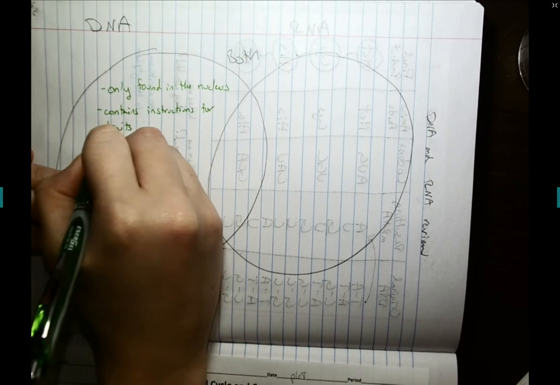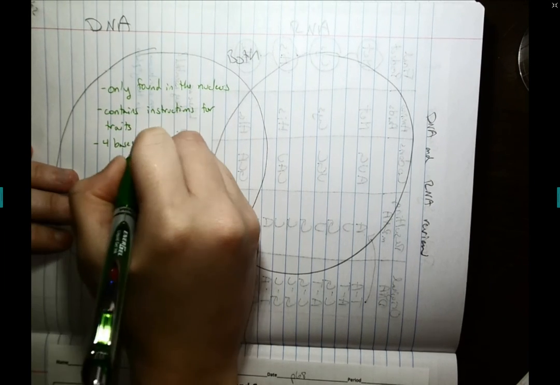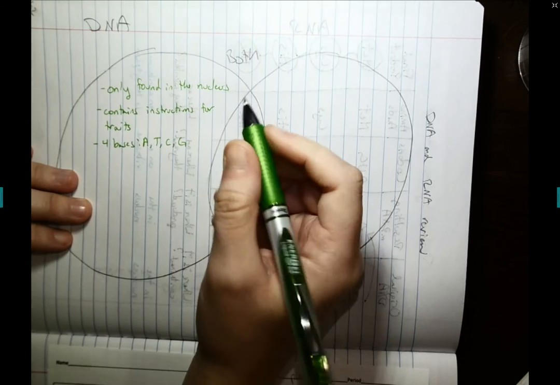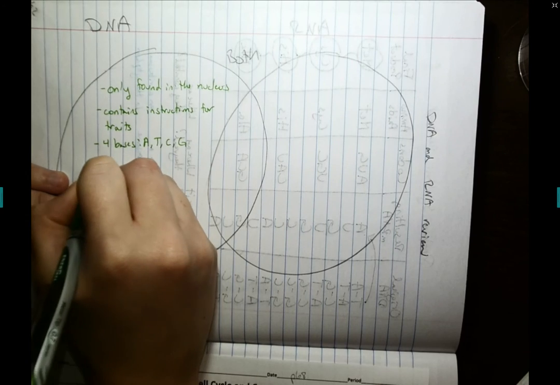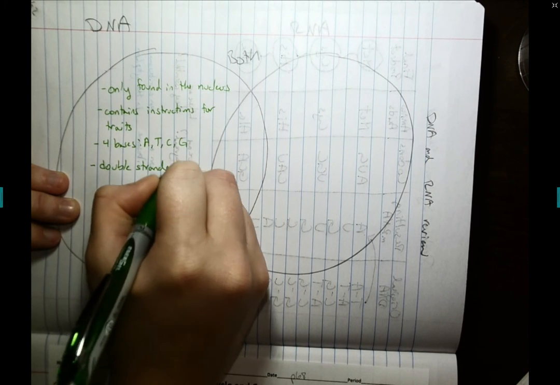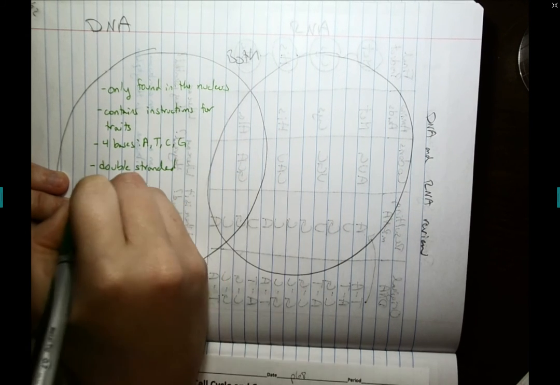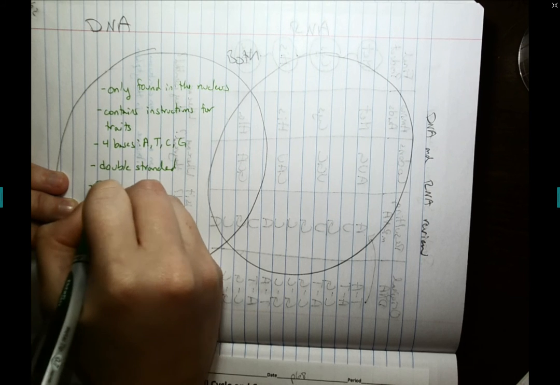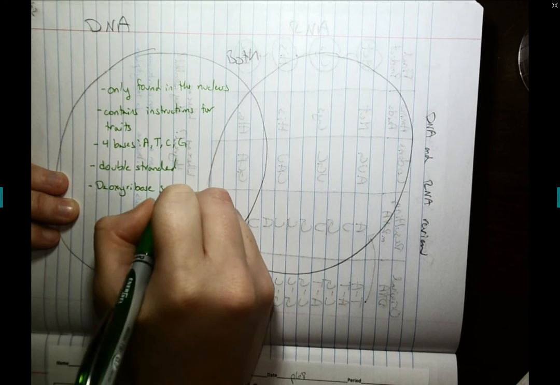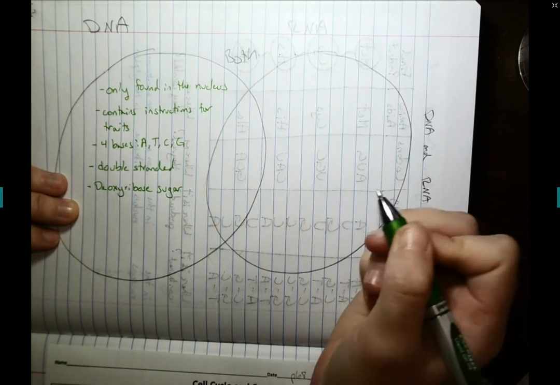It has 4 bases, A, T, C, and G. DNA is double-stranded, and it has the sugar deoxyribose. Deoxyribose sugar.